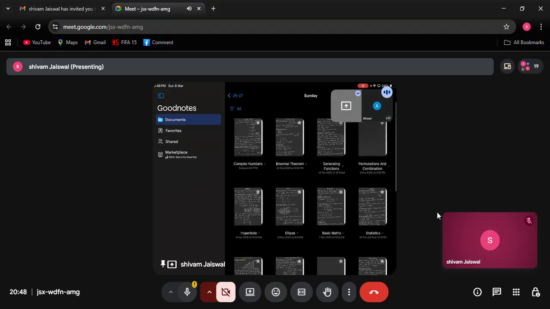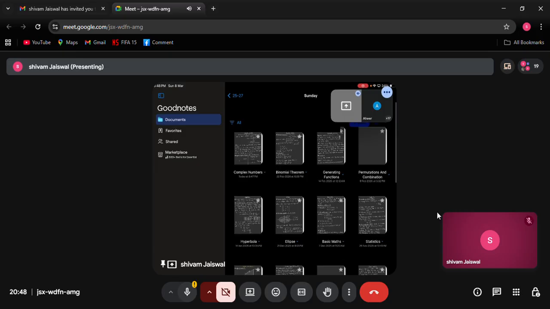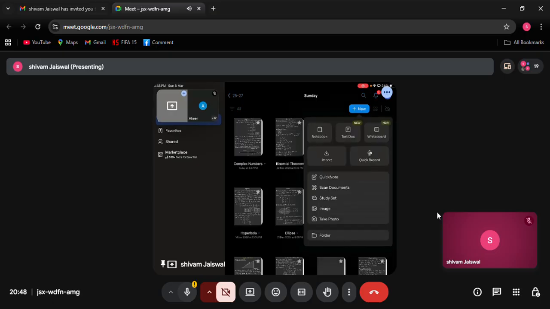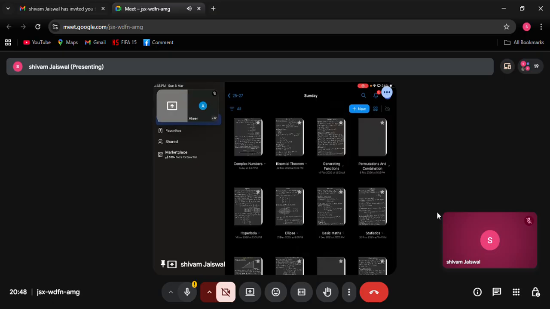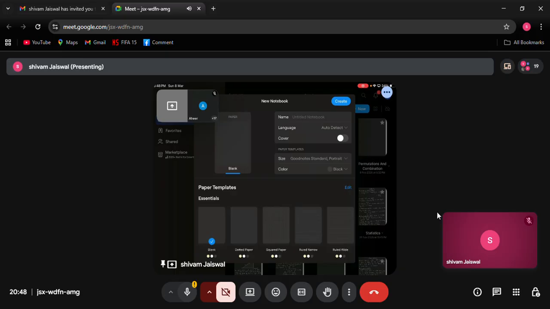So I have only one chapter in my mind, that is solution of triangles. That chapter is not there in JEE Mains, but applications of solution of triangles can be asked in various other chapters, like trigonometry and coordinate geometry. So I will start with solution of triangles. It's a short chapter.